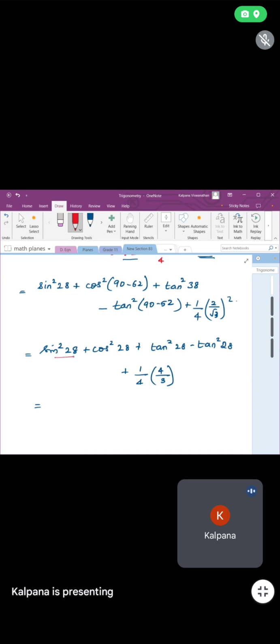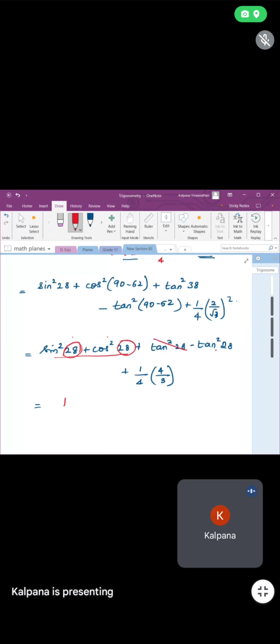Can you find the identity? Sine square theta plus cos square theta here. The answer is 4 by 3. Very good. So sine square theta plus cos square theta becomes 1 here. Then this part, they get cancelled.